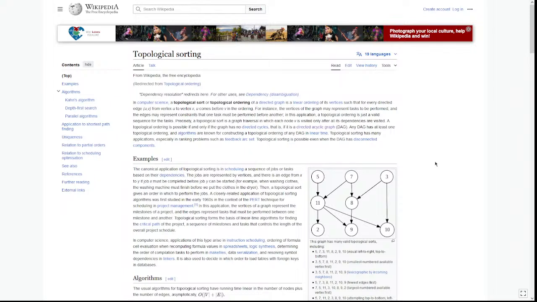The vertices of the graph may represent tasks to be performed, and the edges may represent constraints that one task must be performed before another. This application of topological ordering is just a valid sequence for tasks. Precisely, a topological sort is a graph traversal where each node B is visited only after all its dependencies are visited. A topological ordering is possible if and only if the graph has no directed cycles, that is, if it is a directed acyclic graph.